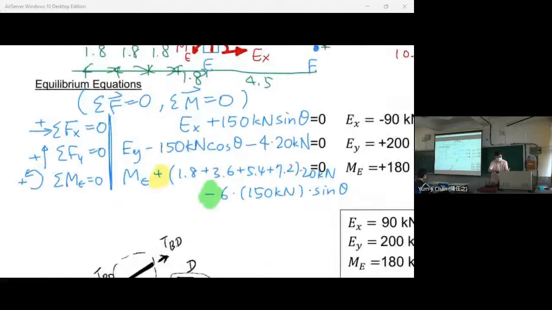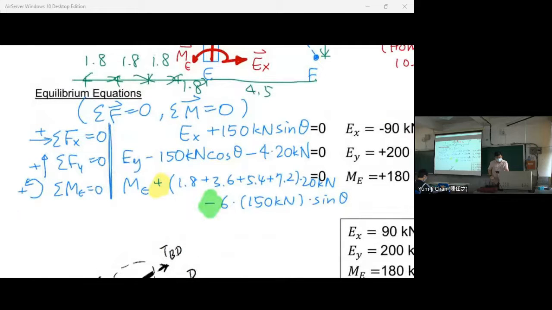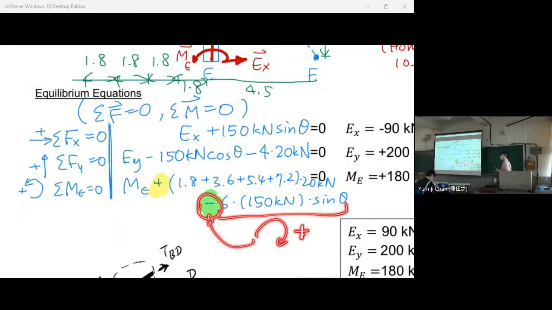We are defining counterclockwise as positive. Because the moment created by the tension is clockwise, this one is negative. It's okay.